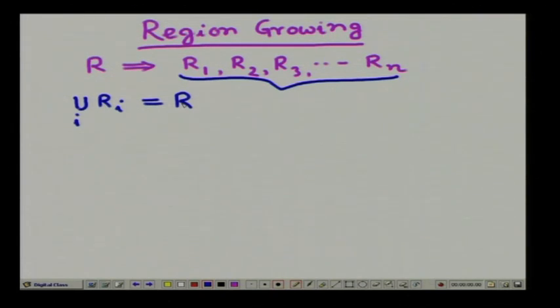It is not that some pixel is not part of any of the partitions. Every pixel in the image should be a part of one of the partitions.